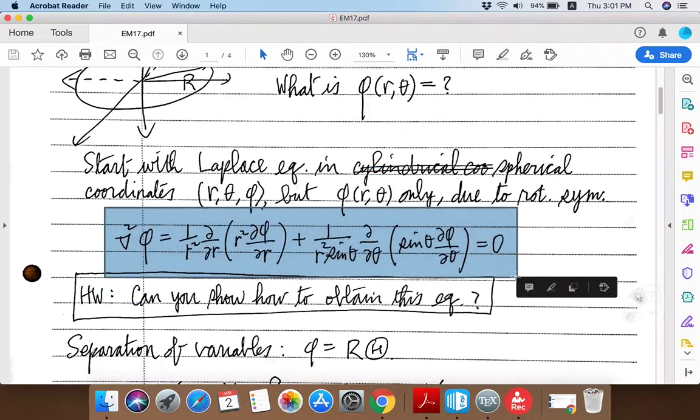So this is the Laplace equation, but written out in the spherical coordinates. And we haven't really talked about how to derive the Laplace equation or how to express the Laplacian in spherical coordinates. That was actually covered in chapter 1 of this book.